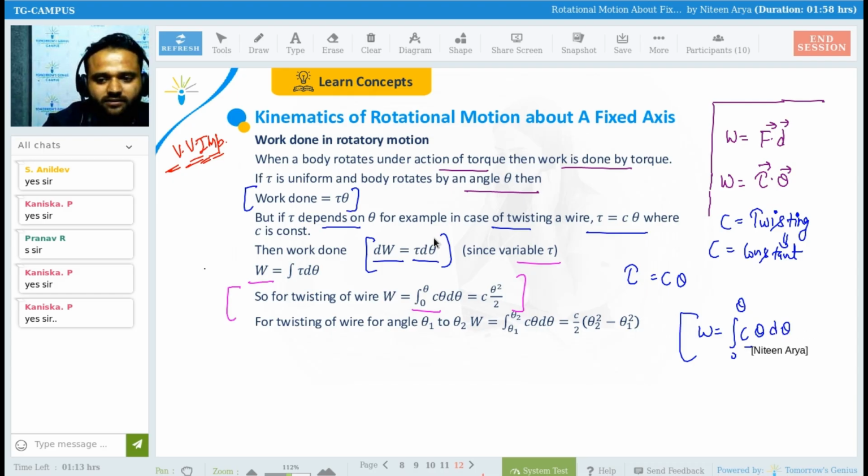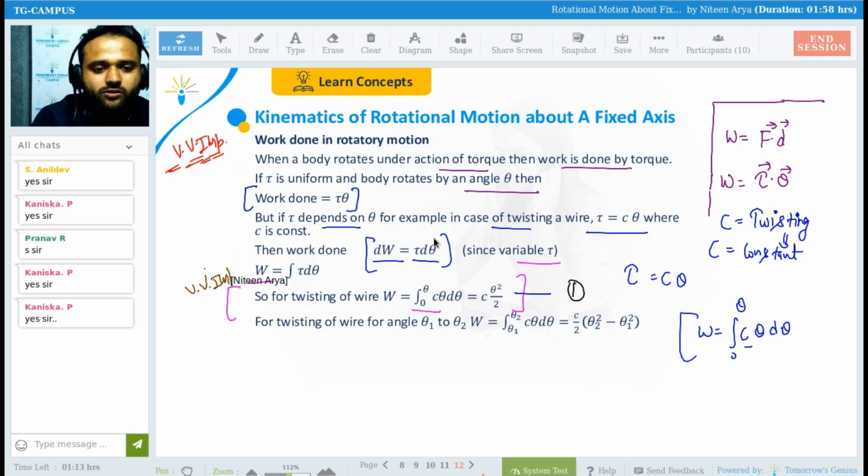C is constant, theta to the power 1, so it becomes theta square by 2. This is equation number 1, very, very important. That is from 0 to any particular theta.